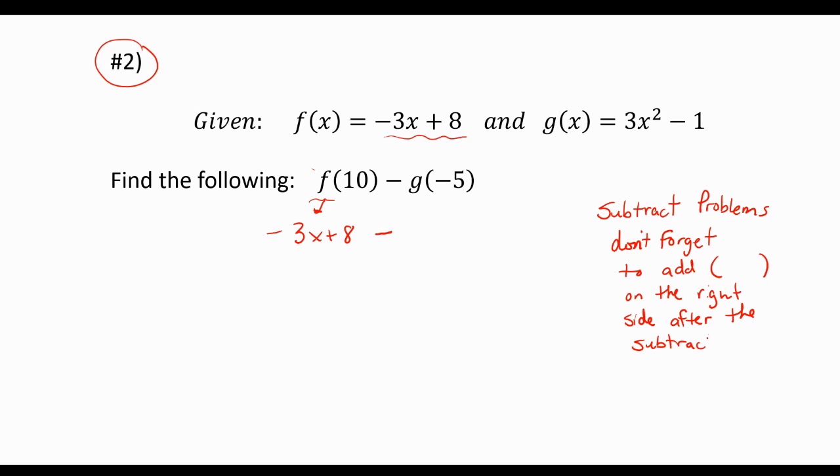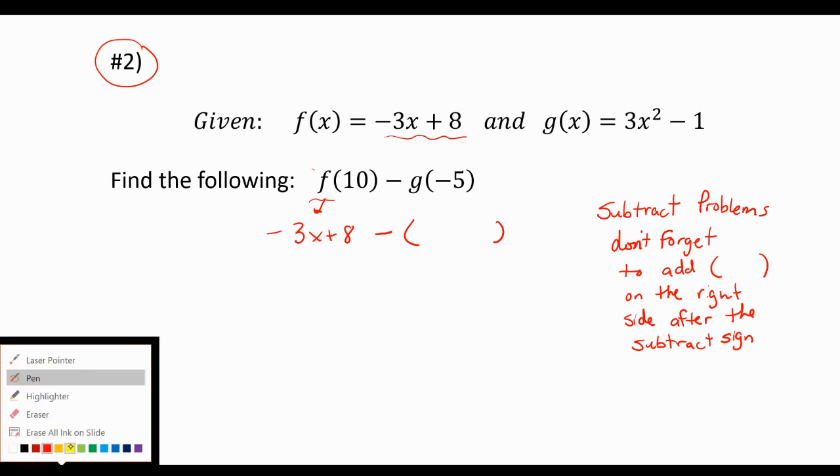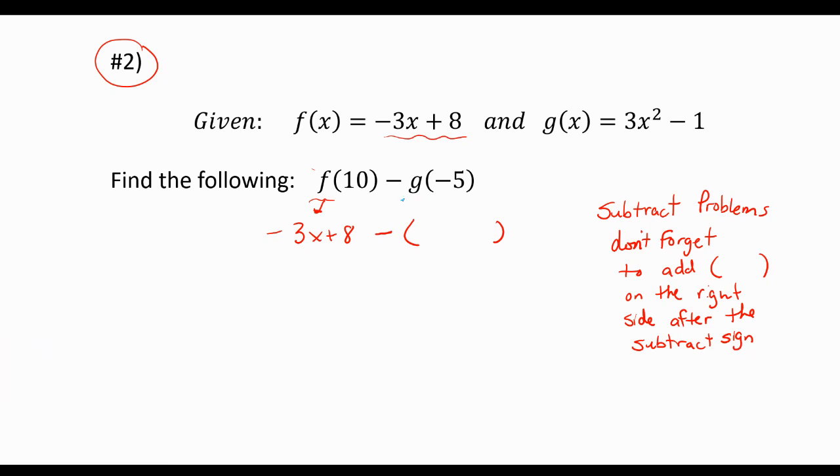Okay, so that's an extra step with the subtract problems. So we're going to go like this. And we're going to write down the g function inside there, which is over here. So 3x squared minus 1.